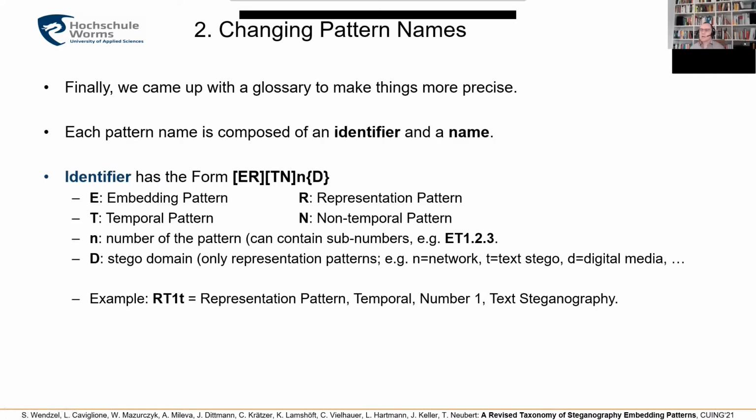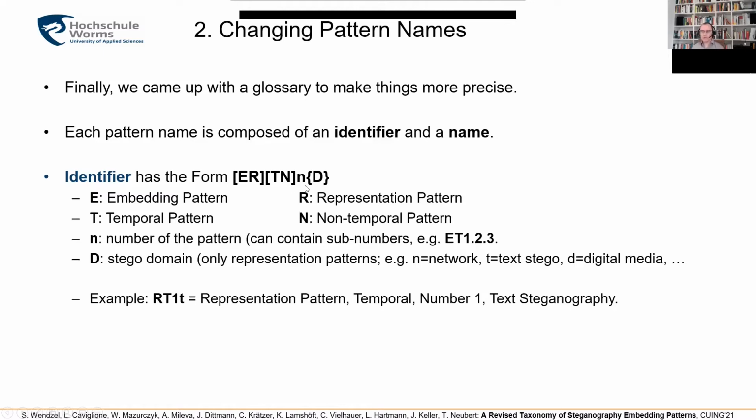Then there's a definition of how pattern names must look like. So they contain an identifier and a name, and the identifier follows some structured format where the first letter tells us whether it's an embedding or representation pattern, and then the next letter tells us whether it's a temporal or non-temporal pattern.